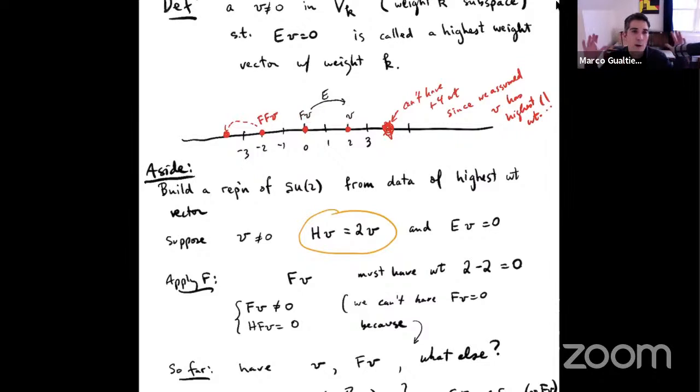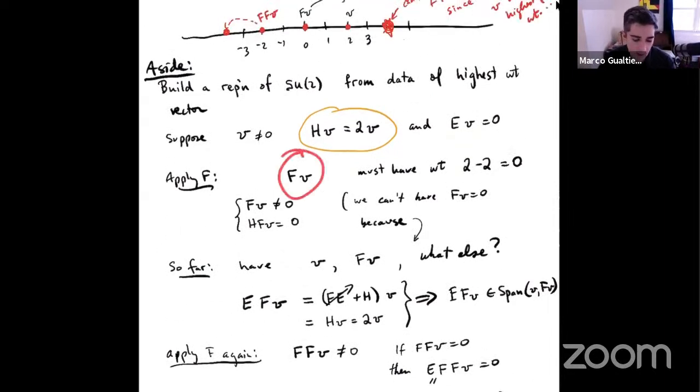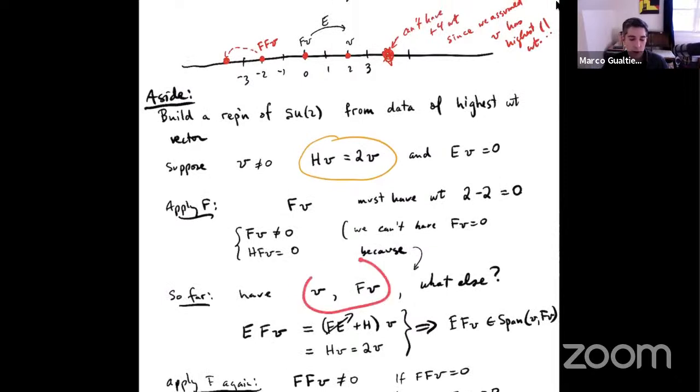And so we grew our representation from size 1 to size 2. In fact, it wasn't a representation to begin with, because to be a representation, you have to be closed under the action of E, F, and H. So we're building it, and we're not sure whether we're done yet. We apply F, and we get an extra piece of the representation. What else could we possibly have?